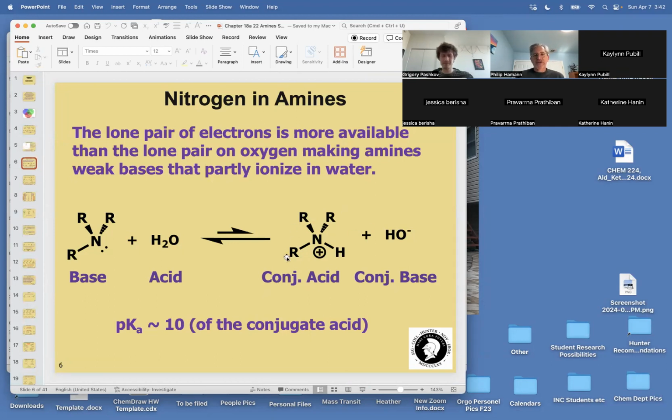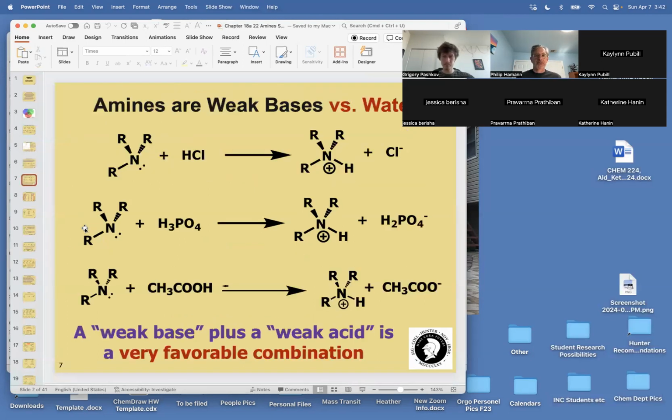So anyway, it just partially gets protonated, just like acetic acid partially donates a proton. So that's the water part of it. HCl is a strong acid, so complete protonation. Phosphoric acid is moderately strong, not strong. The last one here is the one that students struggle with, and it has to do with the definition of what a weak base or a weak acid is.